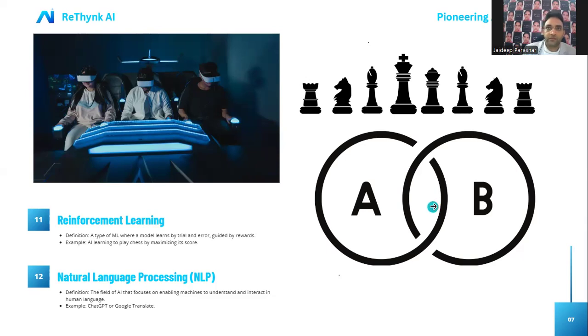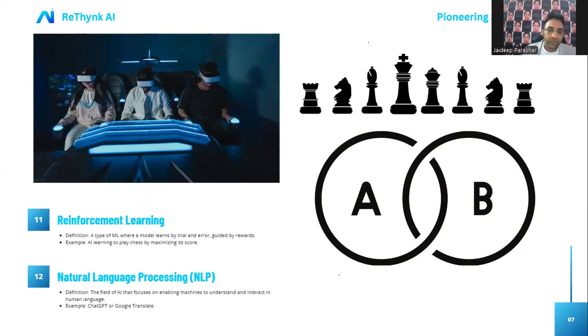The best example is chess. What these games do is make a move, and then they learn the lesson. Then they make the next move, learn the lesson, and keep improving themselves. This is called reinforcement learning. Why do we need reinforcement learning?